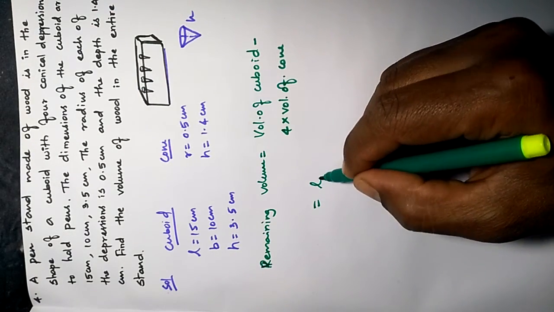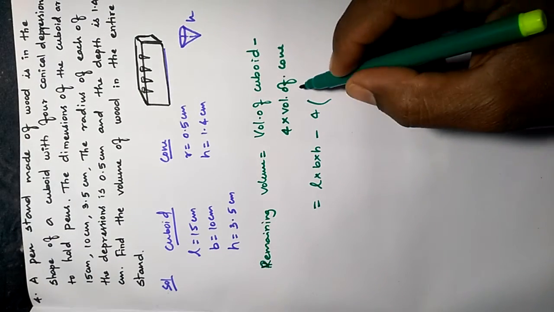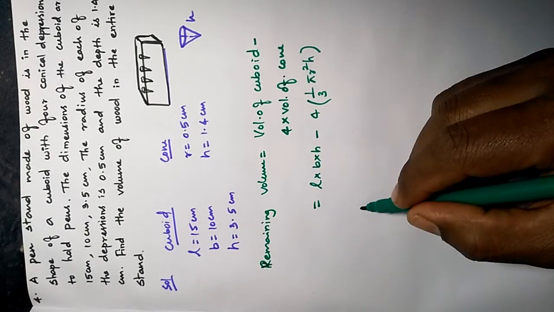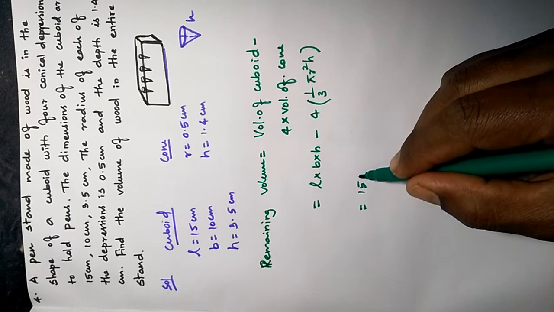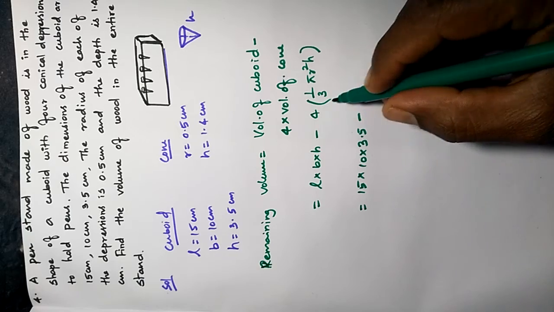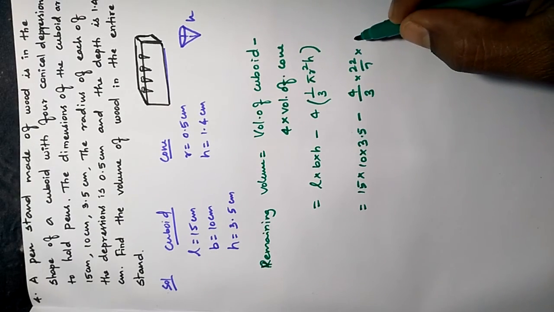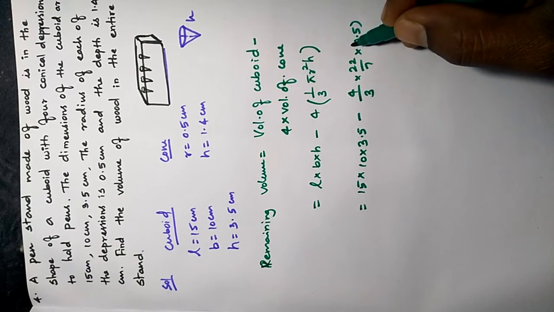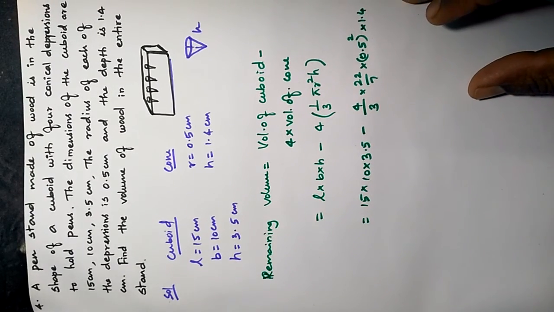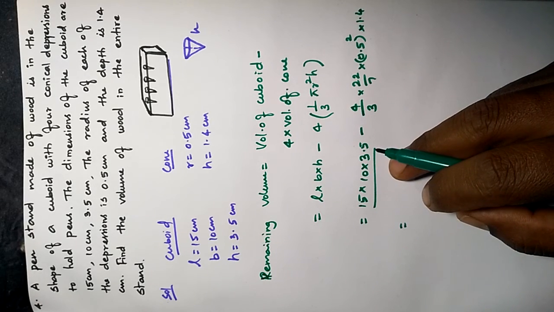So volume of cuboid formula L into B into H minus 4 into volume of cone formula 1 by 3 pi r square H. So L how much? 15, breadth 10, height 3.5 minus, multiply this 4 by 3, pi value 22 by 7 into radius 0.5 square into H 1.4.